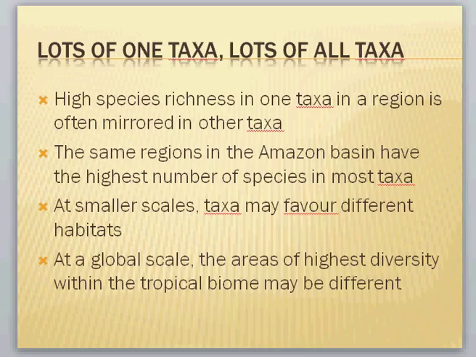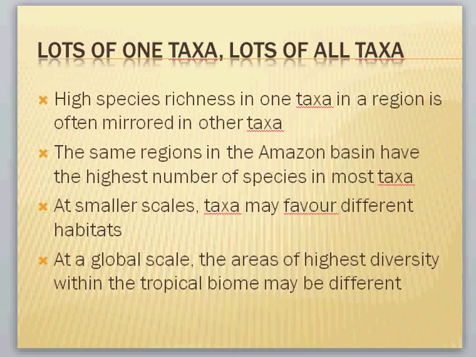Okay, so for instance, if you have an area where there's a high species richness of trees, you're quite often going to find that there's a high species richness of birds, or a high species richness of butterflies, or a high species richness of understory shrubs. So high species richness in one taxa in a region is often mirrored in other taxa.